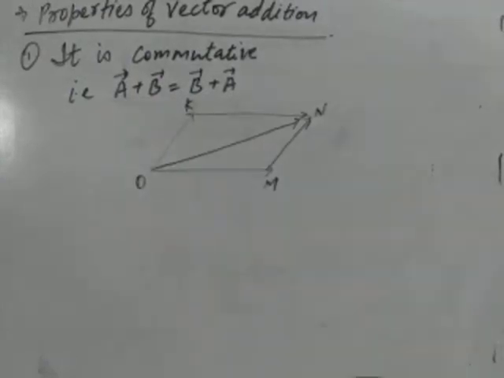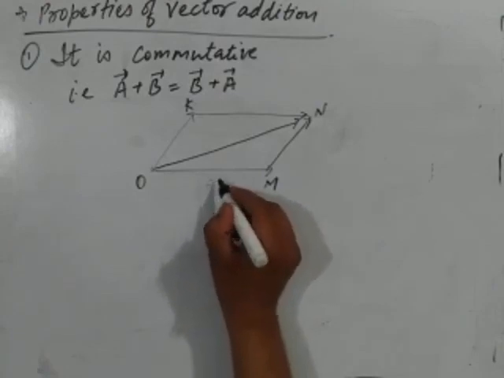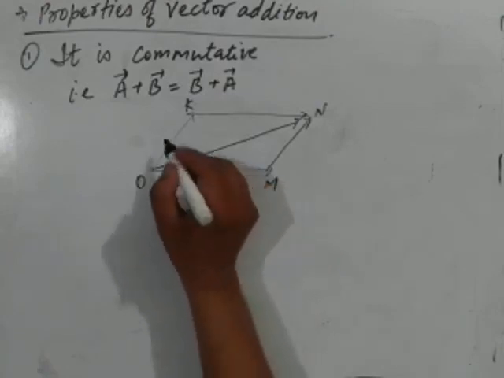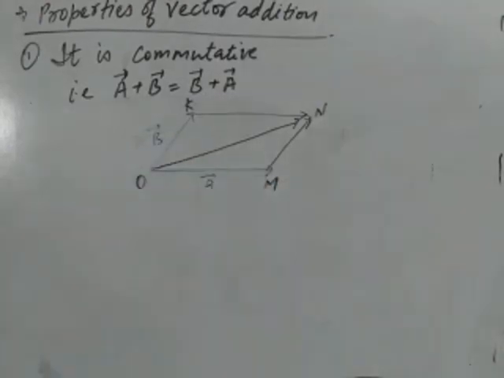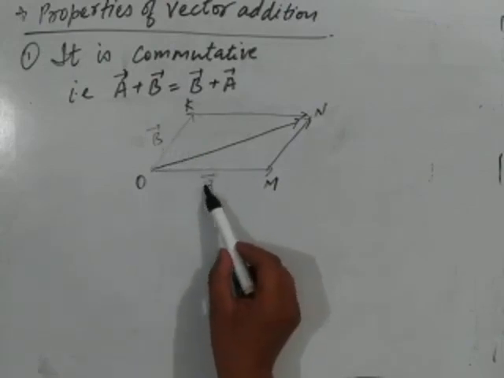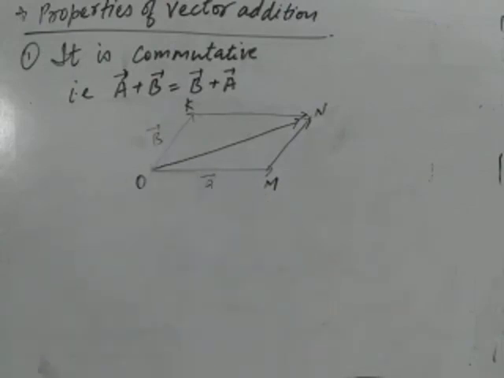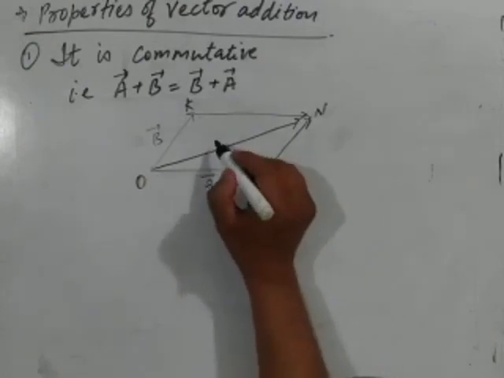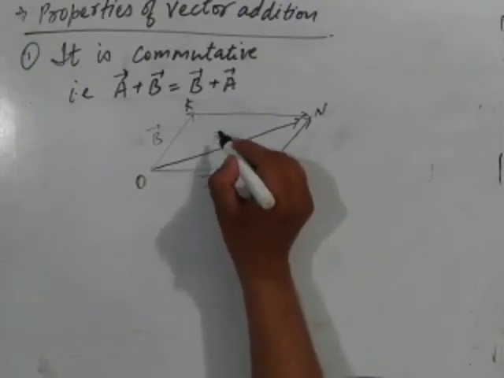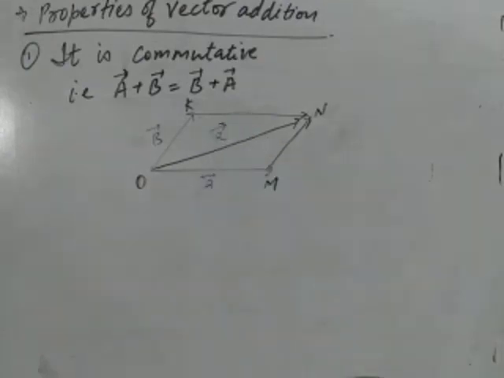Now if there are two vectors, A vector and B vector, representing two adjacent sides of a parallelogram, then the diagonal in between these two sides represents the resultant.